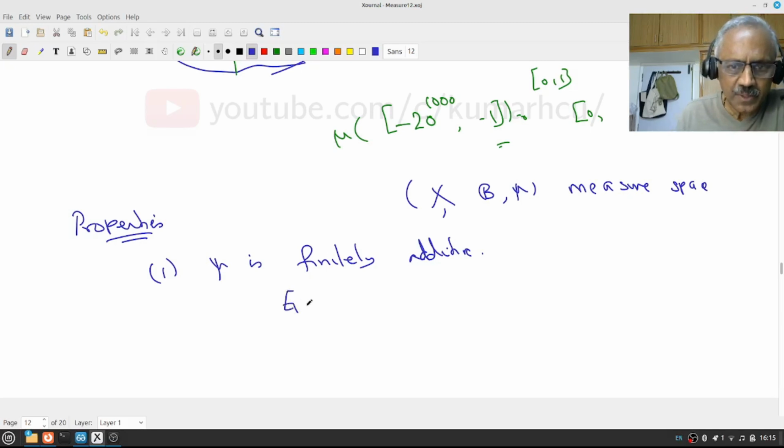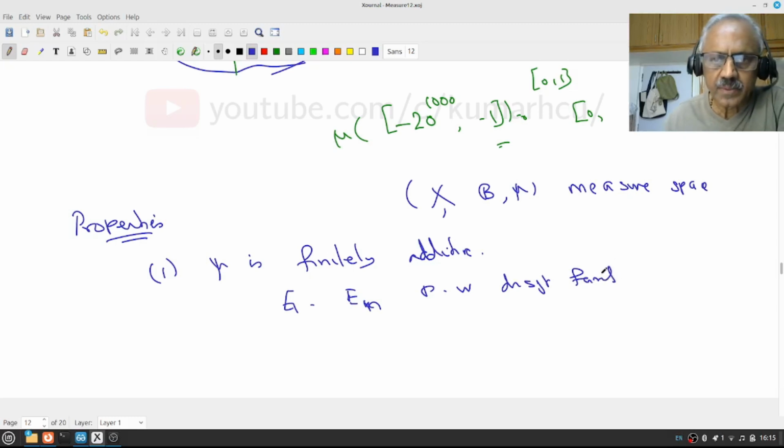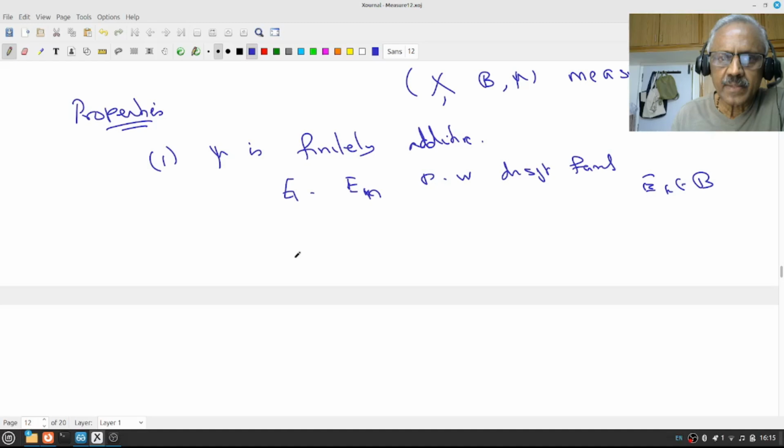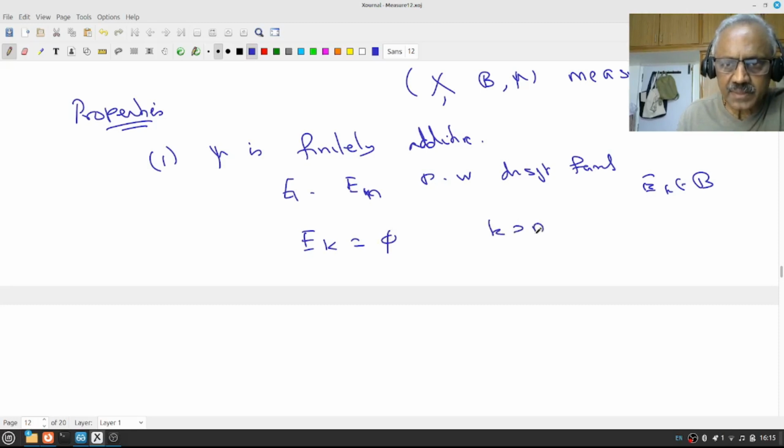Suppose I have E1 to En, a pairwise disjoint family, with the Ek's in the sigma-algebra B. Now I can define Ek to be the empty set if k is greater than n.